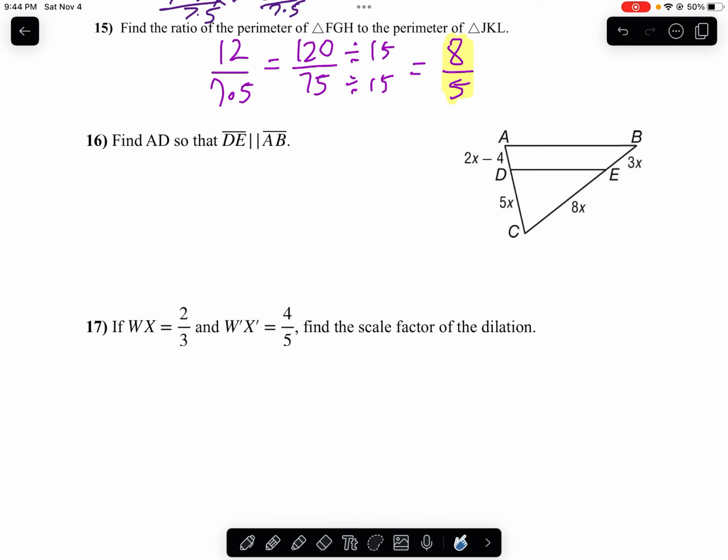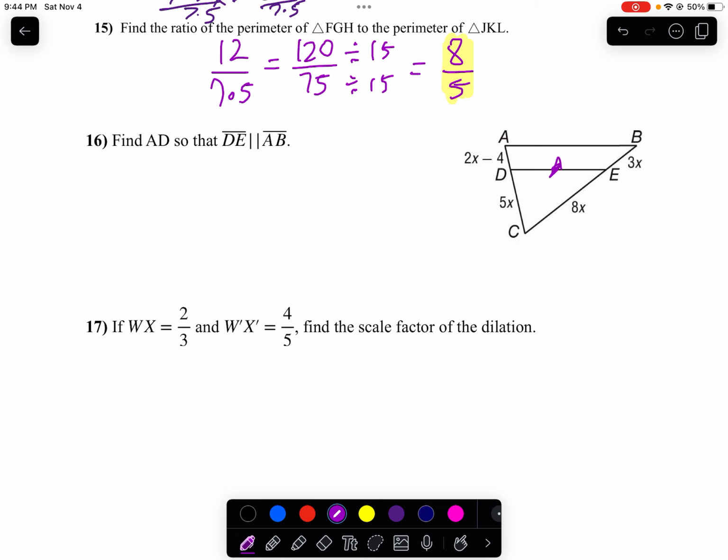On question 16, we are told that DE is parallel to AB, which means the sides are cut in proportion. So I'm going to say 2x minus 4 is to 5x as 3x is to 8x.